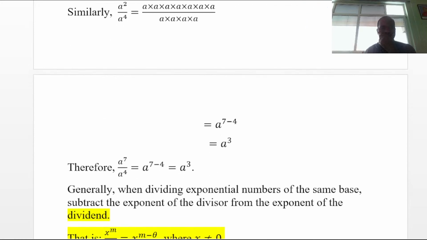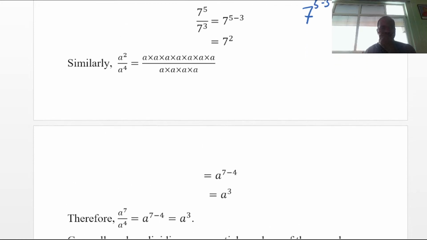We can have another example. This is a power 7 over a power 4. So you're going to expand the a power 7.